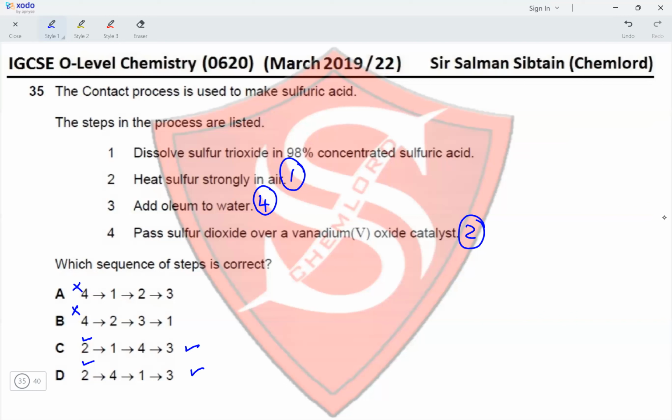This eliminates option C, and we have step 4 as the second step in option D. Step 1 is the third step and step 3 is the fourth step. So this makes option D the correct option for this question.